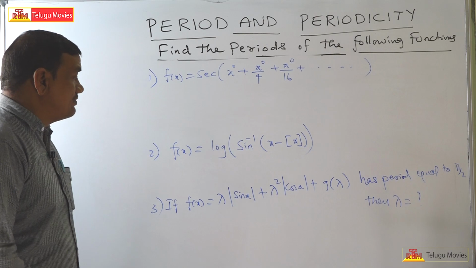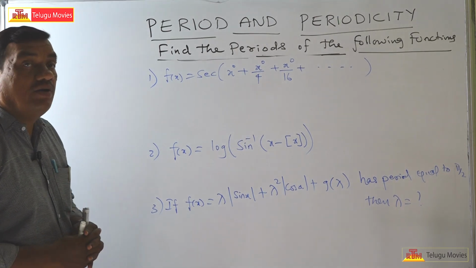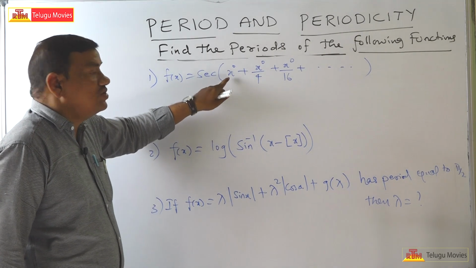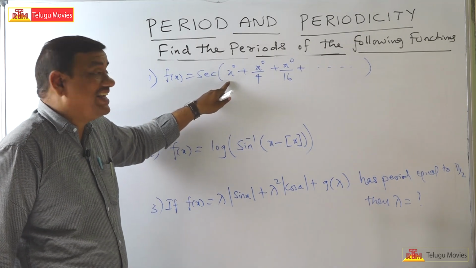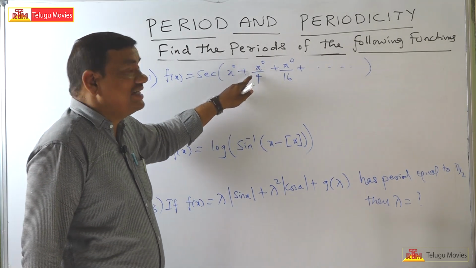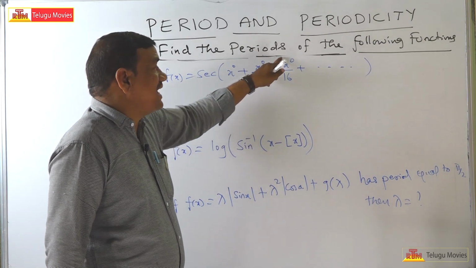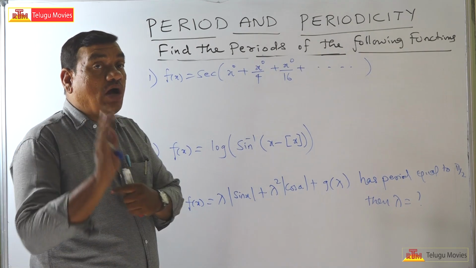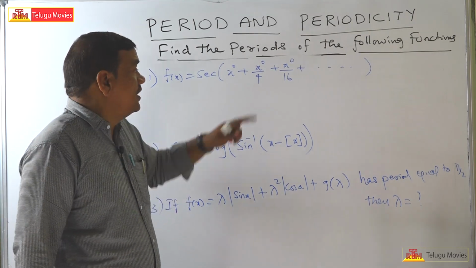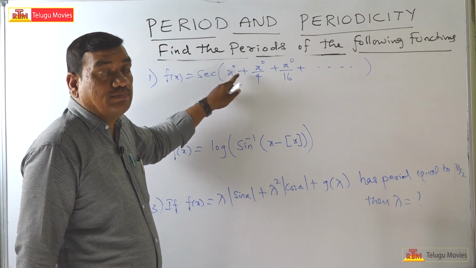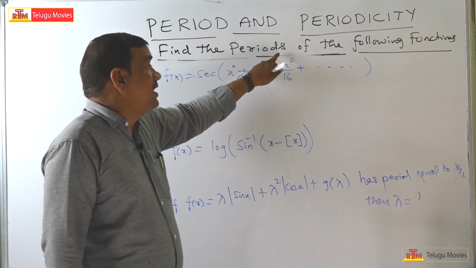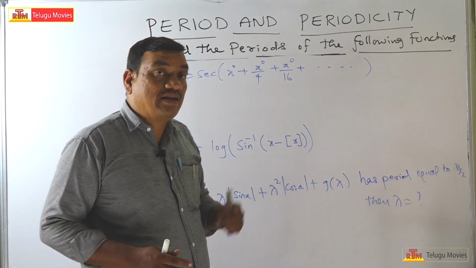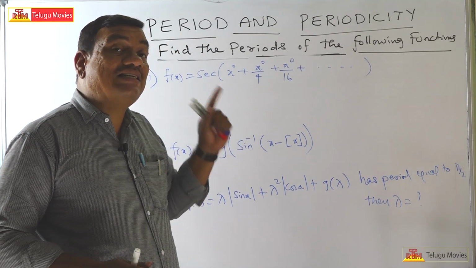Here also I have selected 3 different models. f of x is equal to secant of, observe here, x degrees plus x degrees upon 4 plus x degrees upon 16. In the previous problem, the first problem with cos, it was x only, x plus x by 3 plus x by 3 square, but here it is not x, it is x degrees.